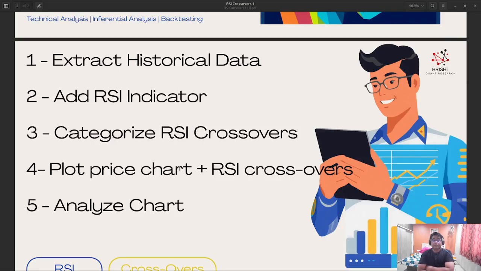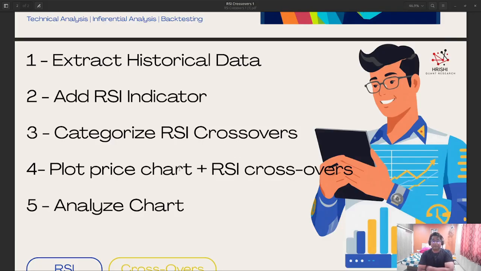We will also do an additional bonus analysis considering volume. For each RSI crossover, we will find the mean volume for a given time frame. Say RSI crossed above 10, we will get all the volumes and find the mean.